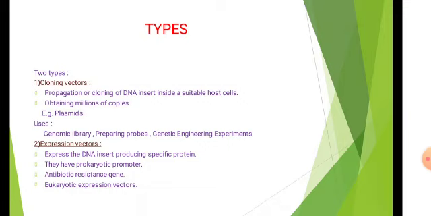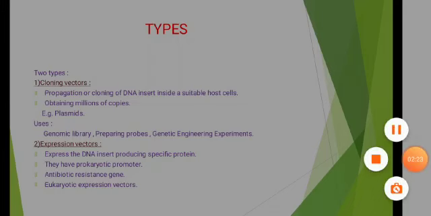The expression vector is used to express the DNA insert for producing a protein. This is very important in the course. Vectors are also able to replicate autonomously to produce multiple copies.